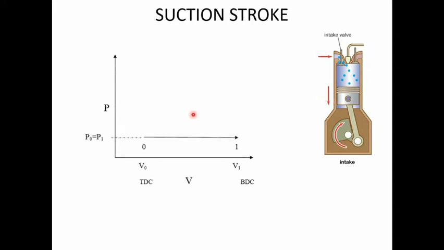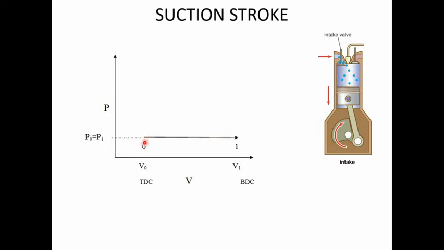If we plot this in the PV diagram, here it is the TDC, that means top dead center, and here it is BDC. On the x-axis we have plotted the volume, and on the y-axis the pressure. In the suction stroke, as the piston moves from top dead center to bottom dead center, the volume is increasing.